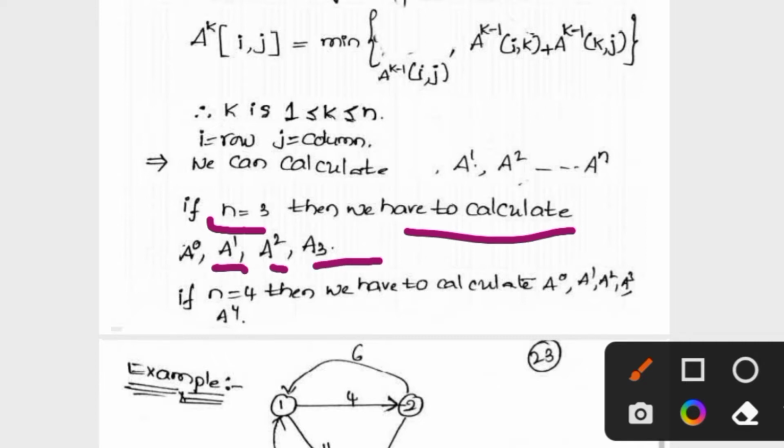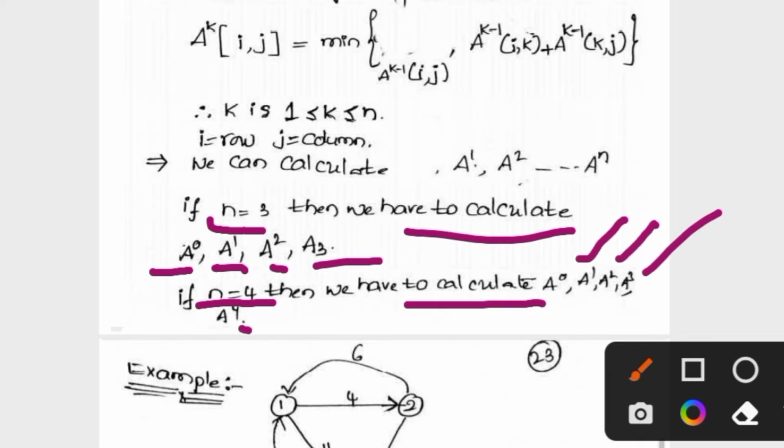And A power 0 means that from the given graph we take the adjacency matrix; that matrix is called A power 0. For example, if the number of nodes is n equal to 4, then we have to calculate A power 1, A power 2, A power 3 and A power 4. So like this we have to calculate the shortest path in the all pair shortest path problem.